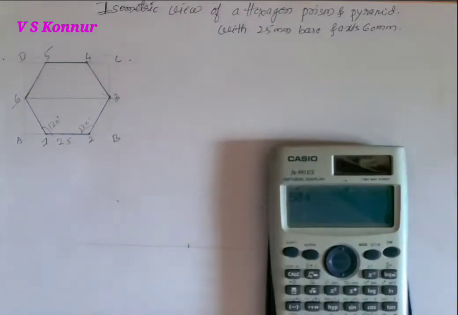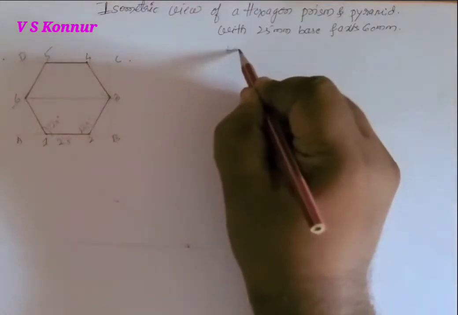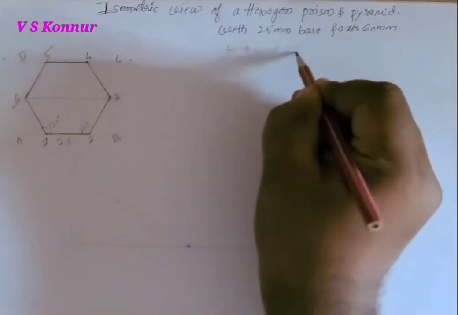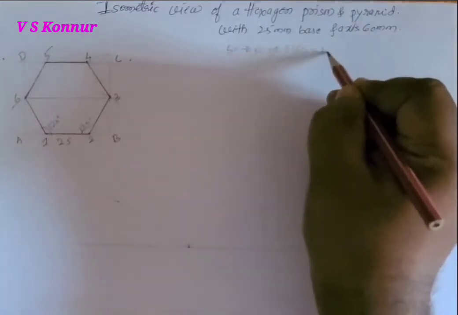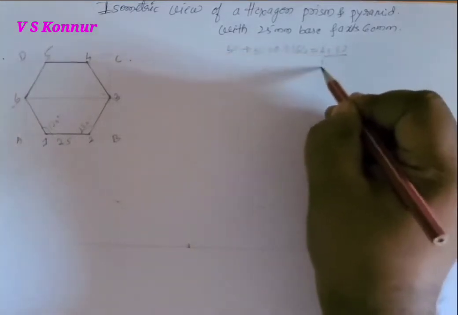It will be converted into isometric by multiplying 0.8164. So we'll get 40.82, nothing but 41. So 50 is the total length. It is converted by multiplying 50 into 0.8164. It is equal to 40.82. So this is called as isoscale.